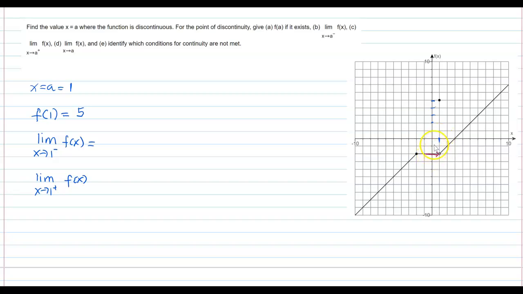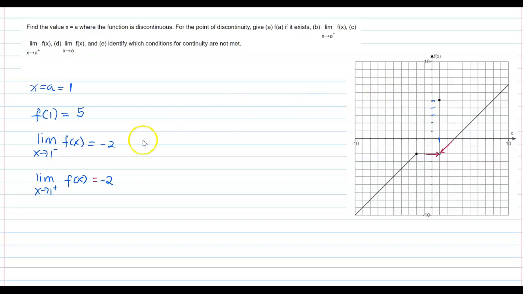And what is that value? That's negative 2. And similarly, if you trace your curve when x is approaching 1 from the right, it would still approach this point here, and the corresponding y value of that point is negative 2.